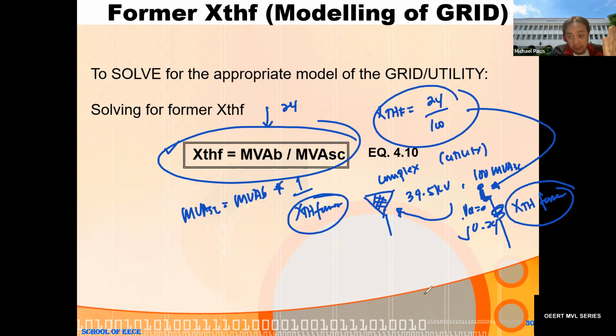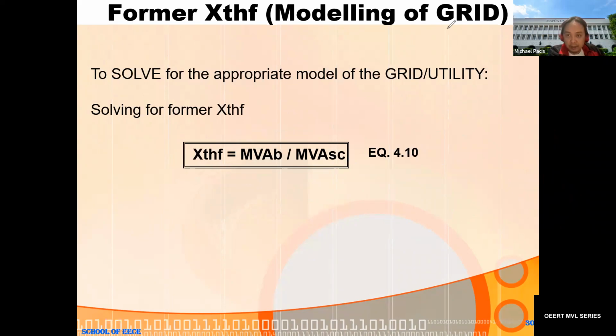So, if you encounter a utility grid, yan ang pagmo-model ng Thevenin's reactance niya o yung reactor niya. It can be represented by a reactor, which is called, this is my own name, XTH former ang tawag ko dyan. Okay, now we can clear this up and then move forward na tayo.